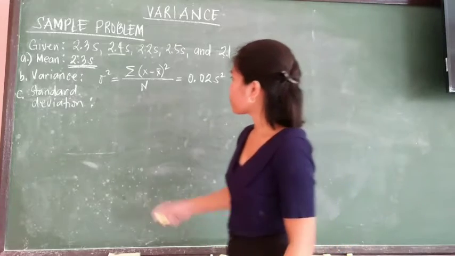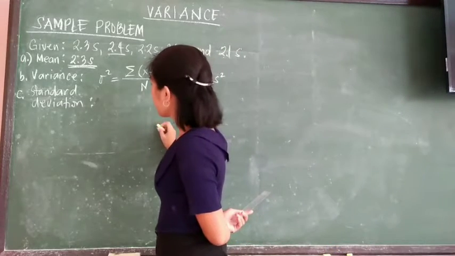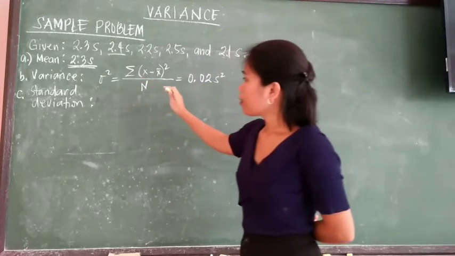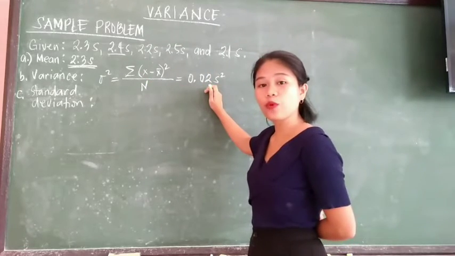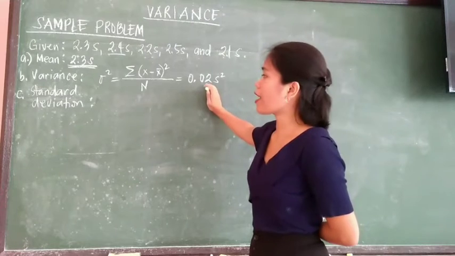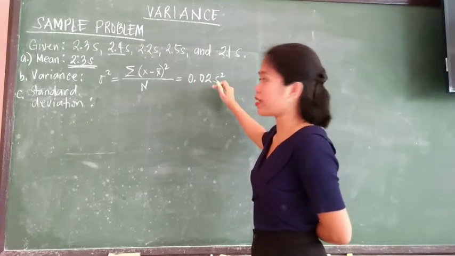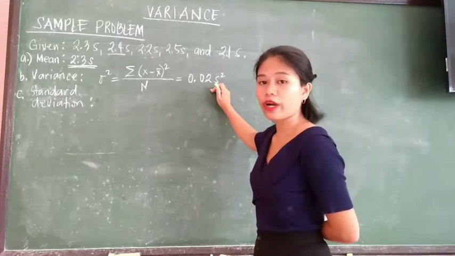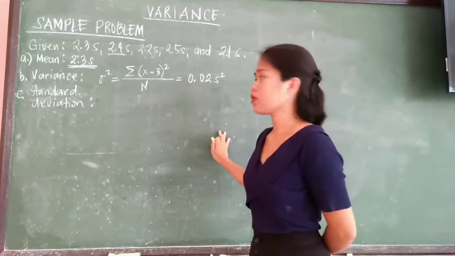So let's try. Since it is the square root of variance, whatever the result of the variance is, we simply have to take its square root.